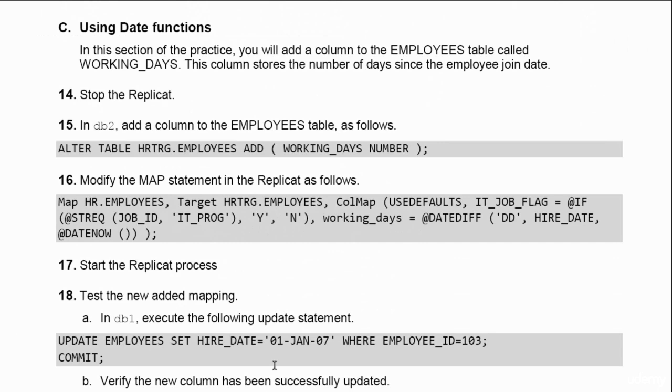In this section of the practice, you will add a column to the employees table called working days. This column stores the number of days since the employee join date. Stop the replicate. Then add a working days column of type number to the employees table.